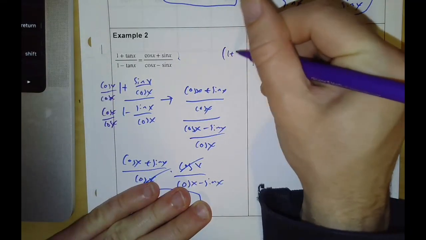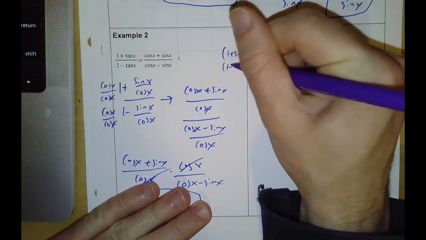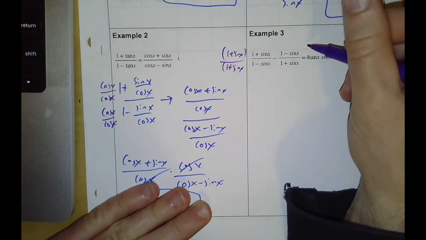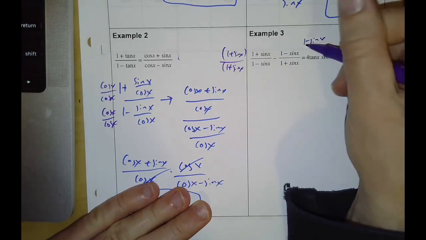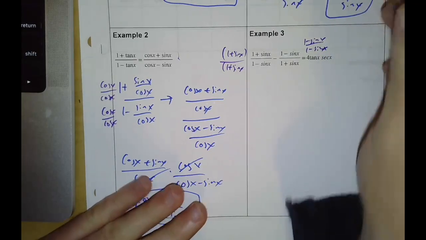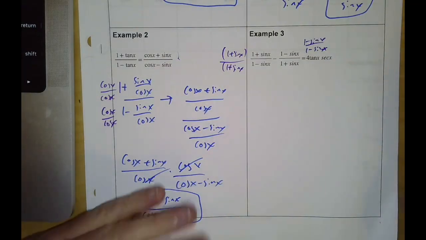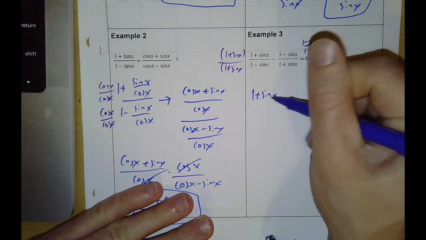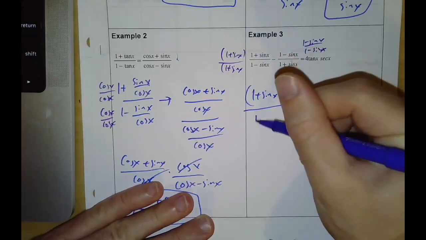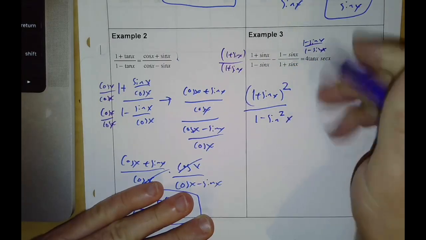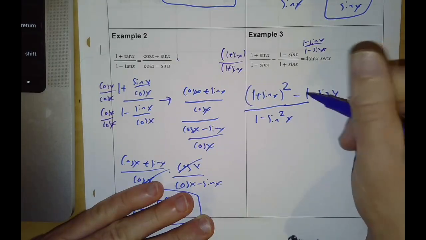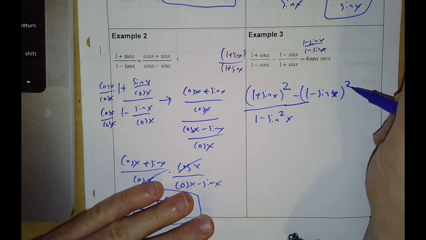1 plus sine over 1 plus sine, and here 1 minus sine over 1 minus sine x. Okay, so what we'll end up with is 1 plus sine x quantity squared over 1 minus sine squared x minus 1 minus sine x quantity squared.